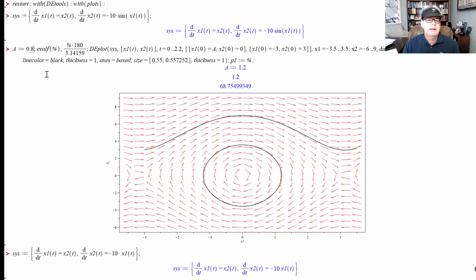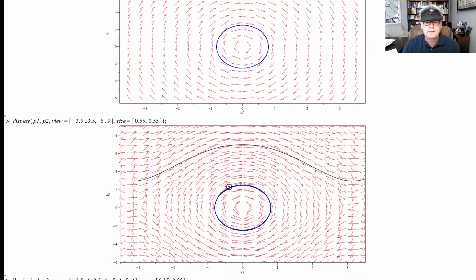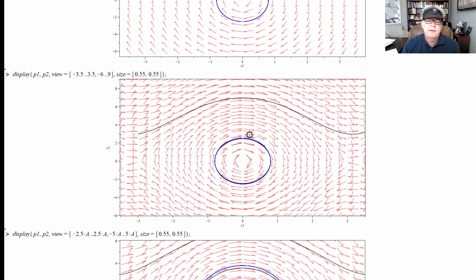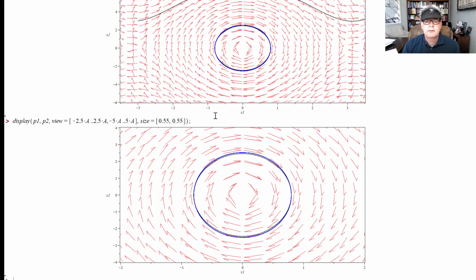I'll try 0.8. So 0.8, so that'd be like 45 degrees. So 0.8 in radians. So, and here's the pendulum, and here's the small angle approximation with 45 degrees. So let's put the two together, and there they are. So you can kind of see the difference, but not really. Here they are. So in blue is the sine theta equals theta approximation, and in black is without that approximation.